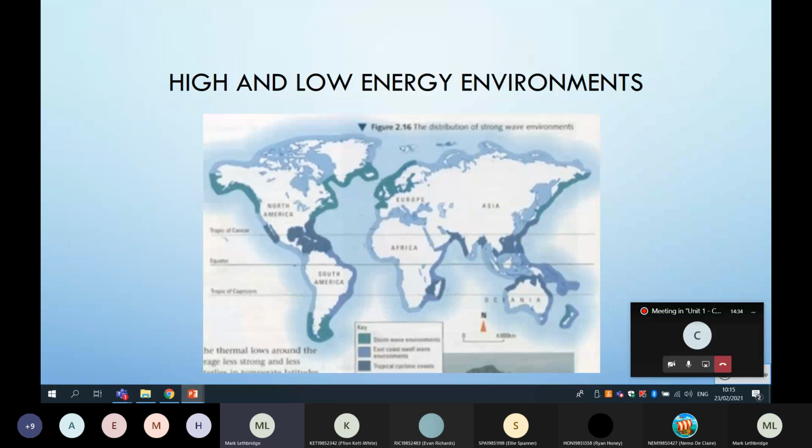Now, even though both of those are high energy coastlines globally, what you can say is that areas like ourselves in these storm wave environments are predominantly high energy coastlines. For the majority of the year, we are very, very high energy environments. The tropical cyclone environments, the darker blue areas, are slightly more sporadic in when they get their high energy.